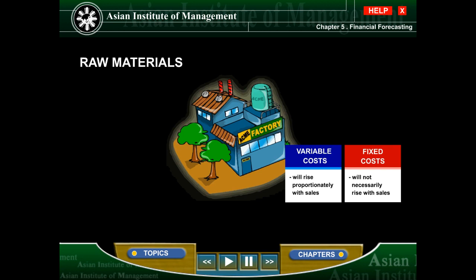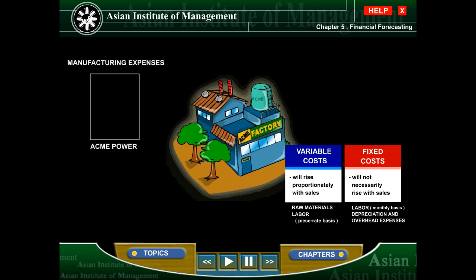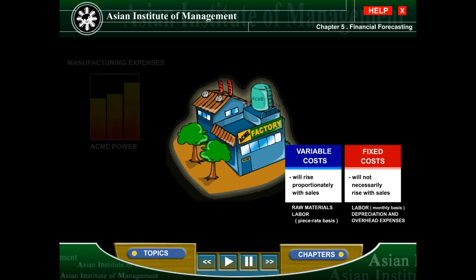Raw materials, for example, will vary with sales. Labor may or may not vary, depending on whether they are paid on a piece rate basis, in which case they are variable costs, or a monthly basis, which make them fixed costs. Depreciation and overhead expenses are fixed costs, except for some manufacturing overhead expenses like power, which may vary according to power usage of the factory machinery and equipment.